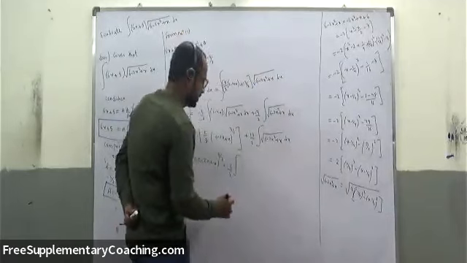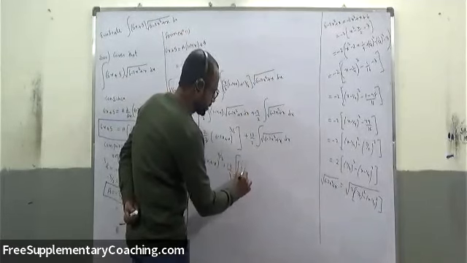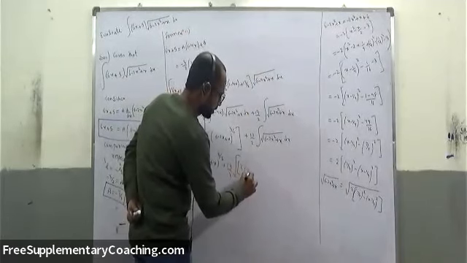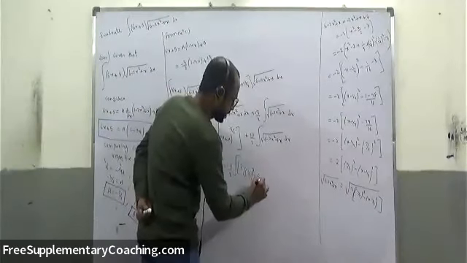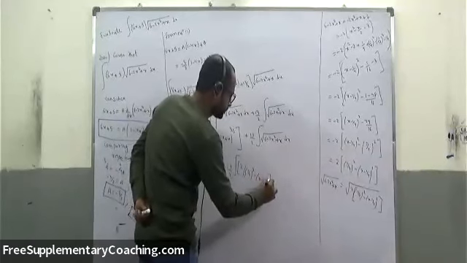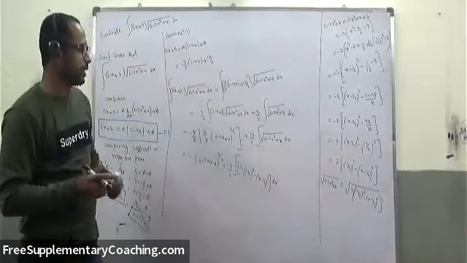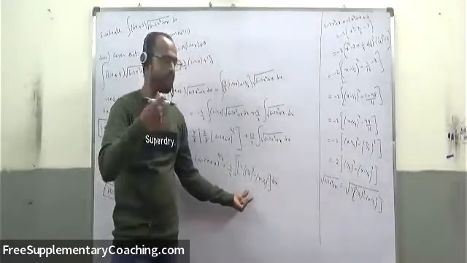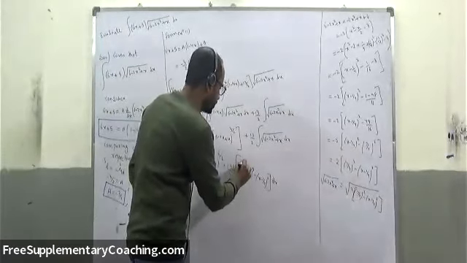I can write this as 2 in the bracket, 7 by 4 square minus x minus 1 by 4 square into dx. These terms again we have to use, and this should come inside the root.